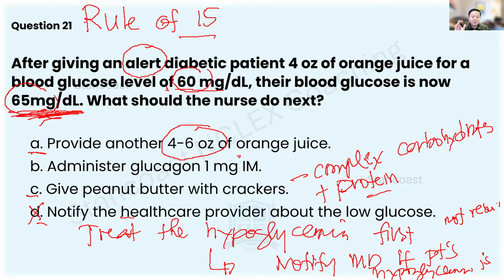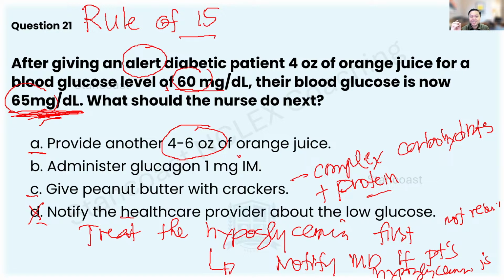By that time, if they are really not improving, if they are still hypoglycemic, then that is the time for us to notify the medical provider. Probably they will require the injection of glucagon, or if their level of mentation changes and they are not able to take anything by mouth anymore, if they're not safe to take any oral glucose, then that's the time the medical provider will probably order the administration of D50.